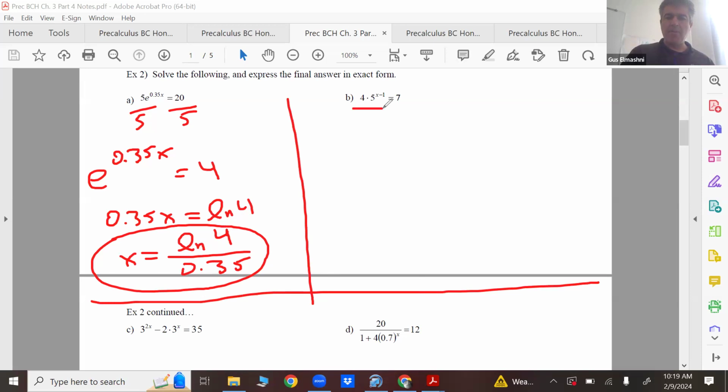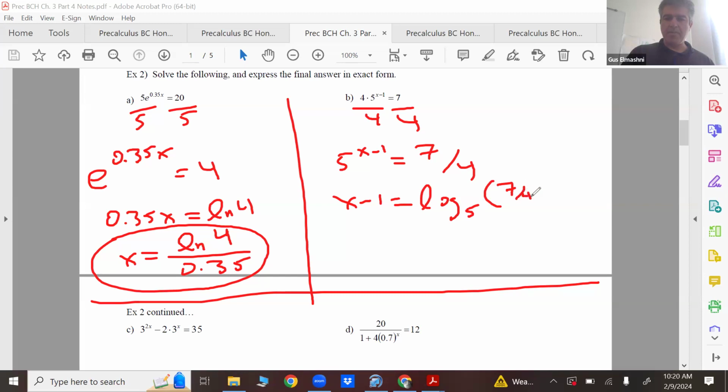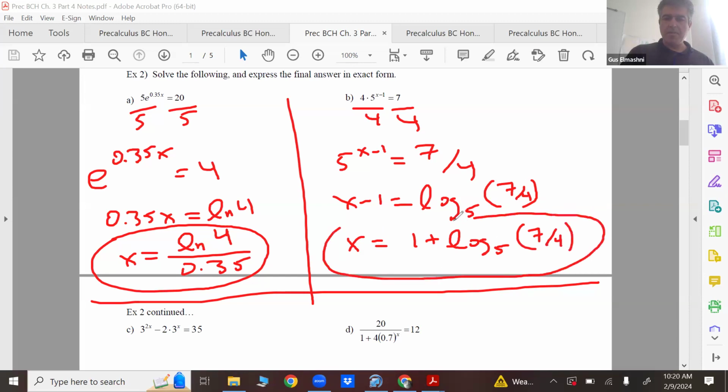And then here, divide by 4, and then use a calculator. So basically put it in terms of logs, right? 100% correct. Cool. We're good.